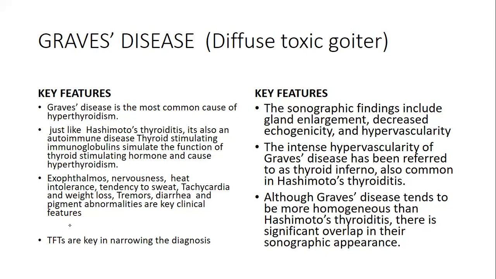We said Hashimoto's is usually associated with hypothyroidism. So when we have Graves' disease, you expect a few changes in terms of the hormones, especially the T3 and the T4. In Graves', it's usually raised, it's high. If I'm not mistaken, in Hashimoto's, it's the opposite.